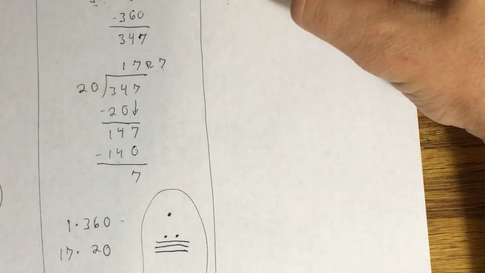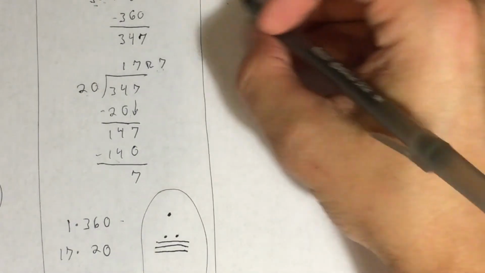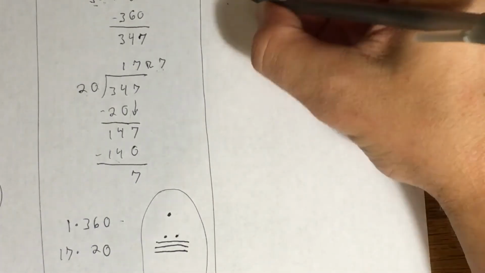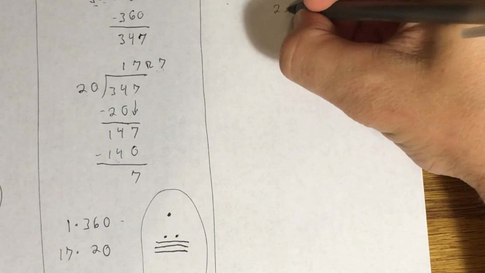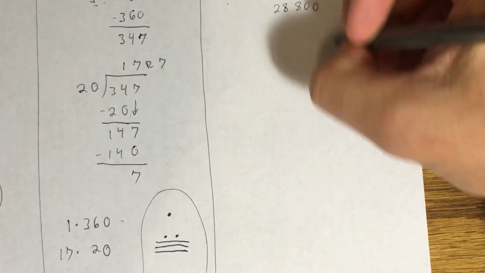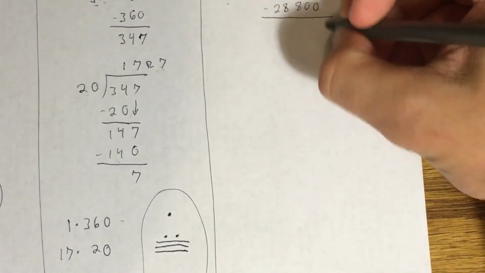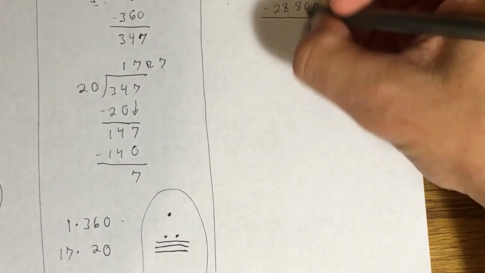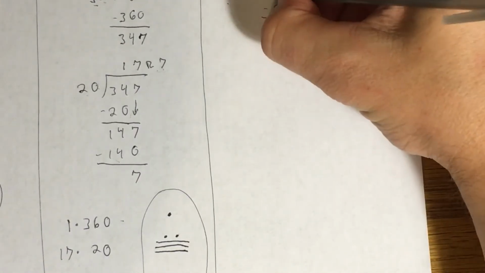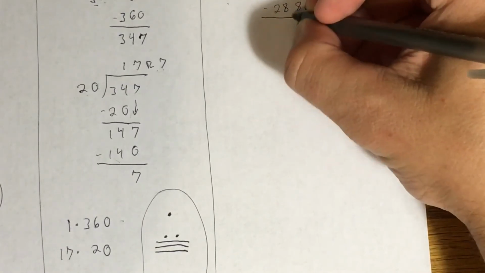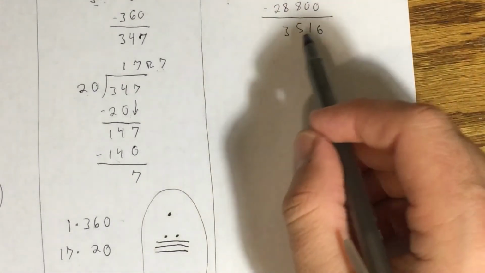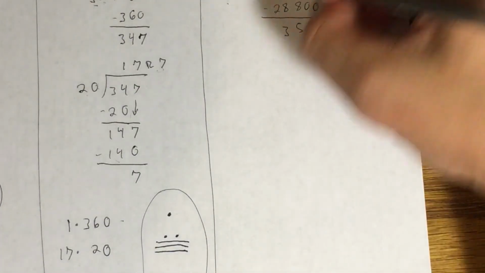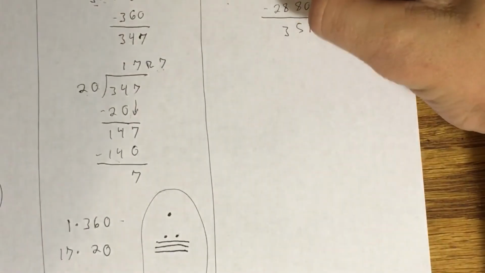So if I did 4 here, 4 times 72 is 288, and then add 2 zeros. Looks right. Do some subtraction, a little borrowing here. Okay, yeah, 3,516. So that would actually be the remainder then.